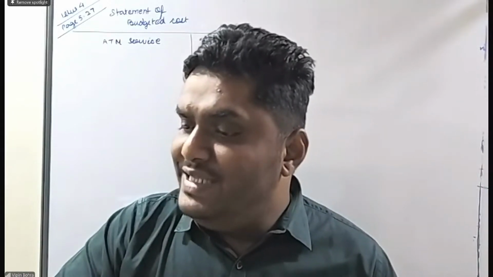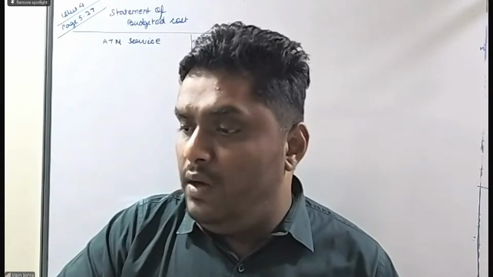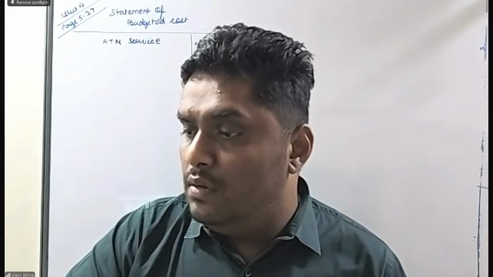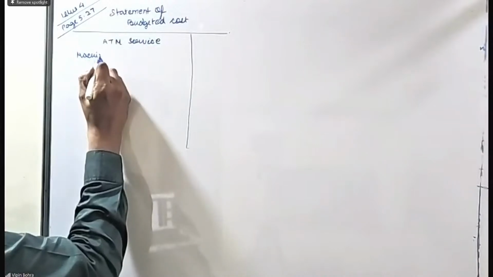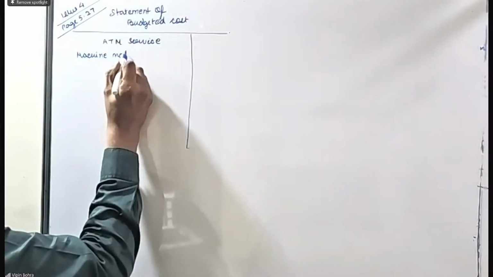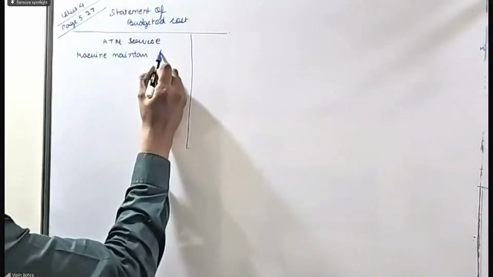But the currency replenishment cost of 1 lakh is expected to be doubled during the budgeted period. So it will be 2 lakh now. So machine maintenance will remain fixed, that is 4 lakh.